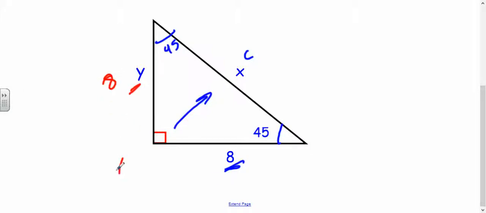It would also be 8. And the x, because we know the hypotenuse on a 45, 45, 90 is the leg, 8, times the square root of 2. And we're done. All right, so recognizing these values is very important.